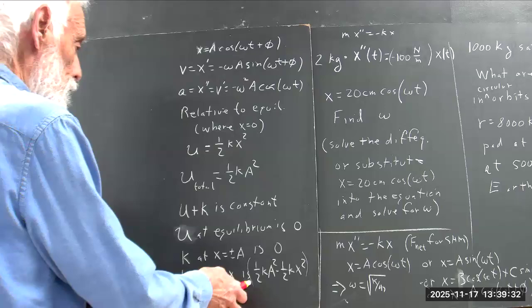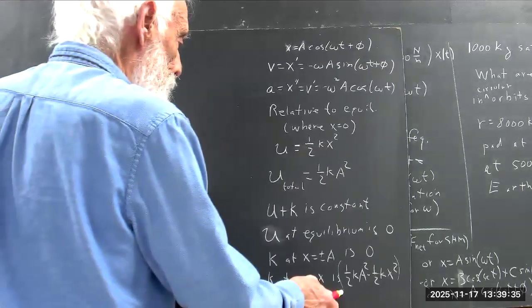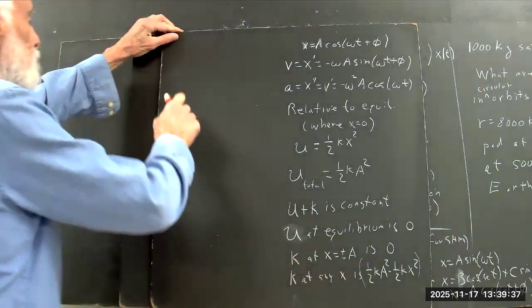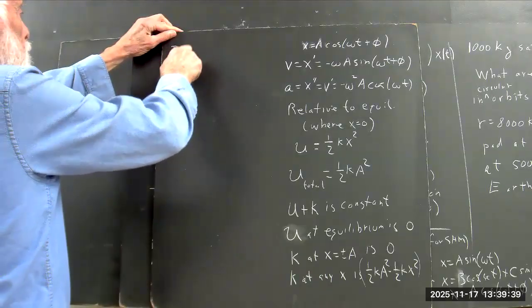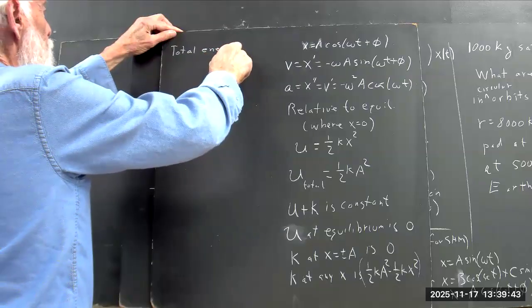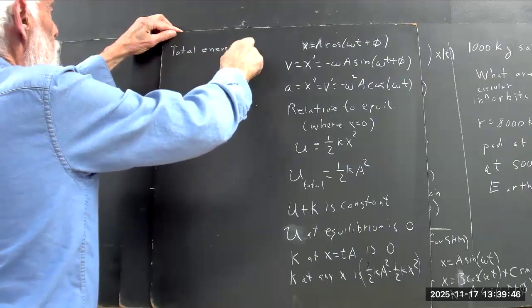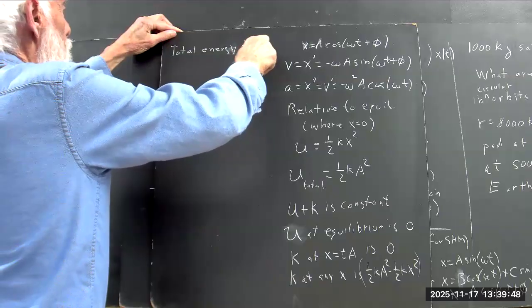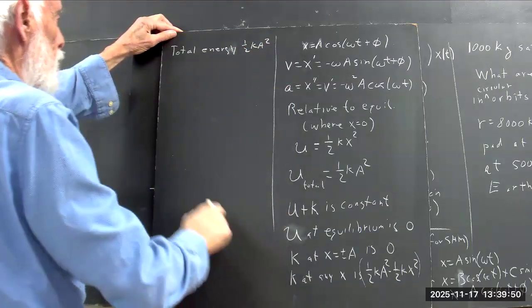So let's just write that a little differently. Just unpack it a little bit. Total energy is one half Ka squared.